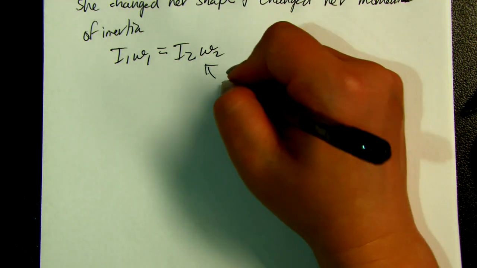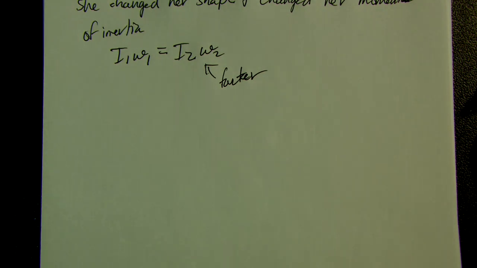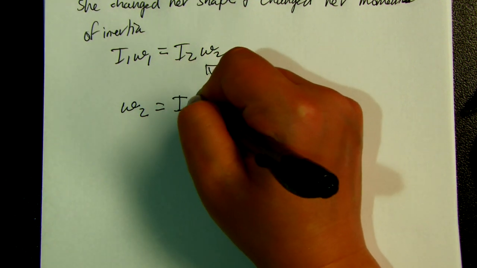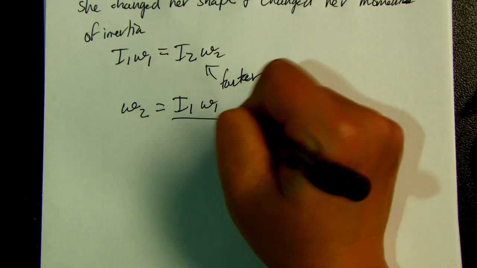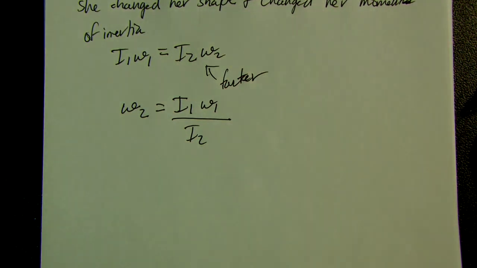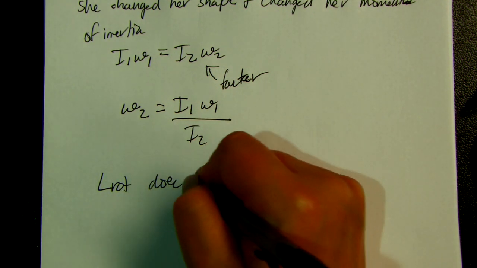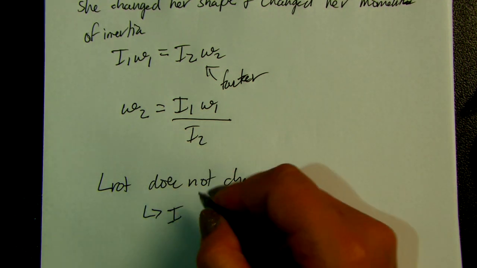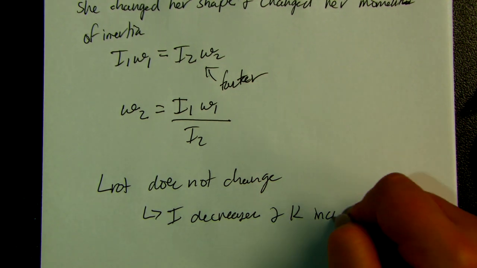And so this will get faster in that case. So omega 2 equals I, moment of inertia 1, times angular speed 1 over moment of inertia 2. So that's what she's doing. But in all of this, L rotational does not change. The moment of inertia decreases, and the kinetic energy increases as a result.